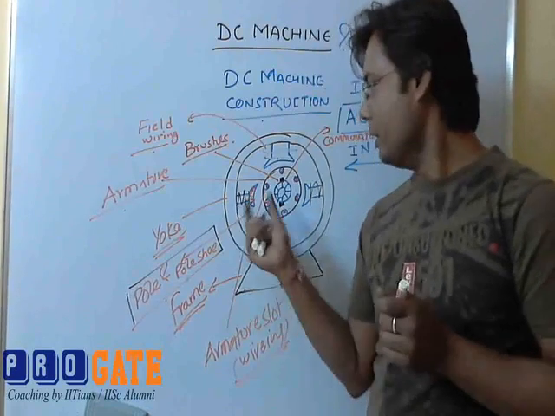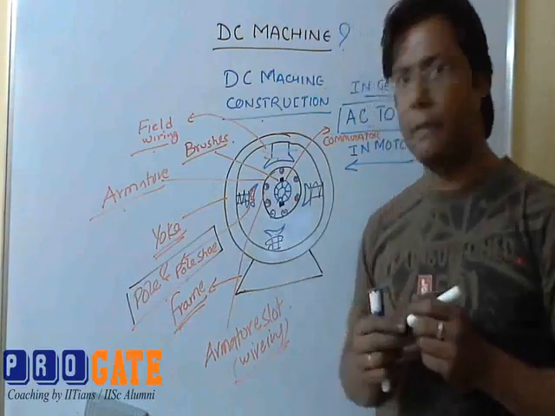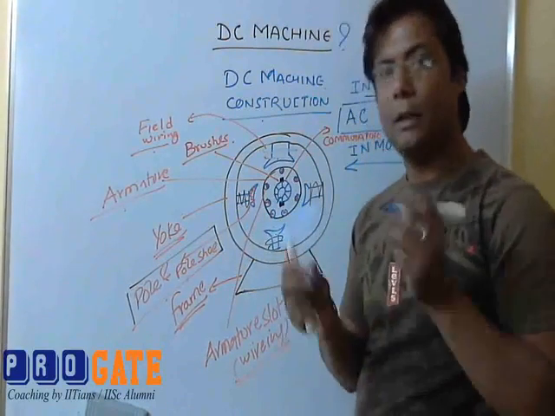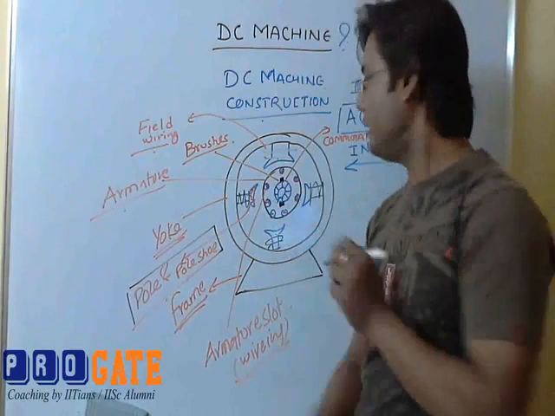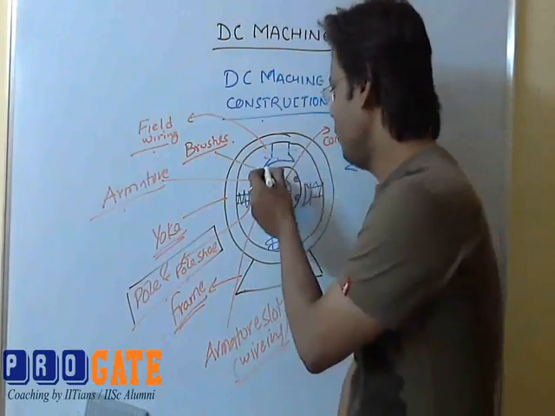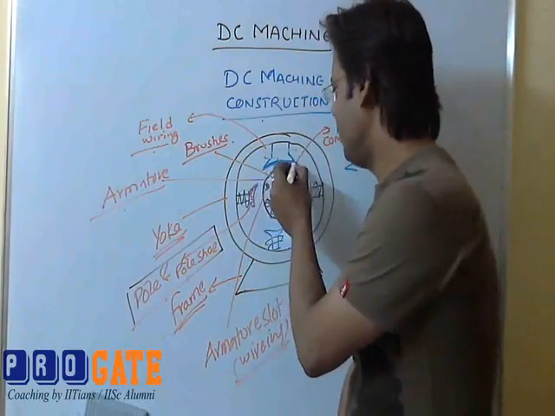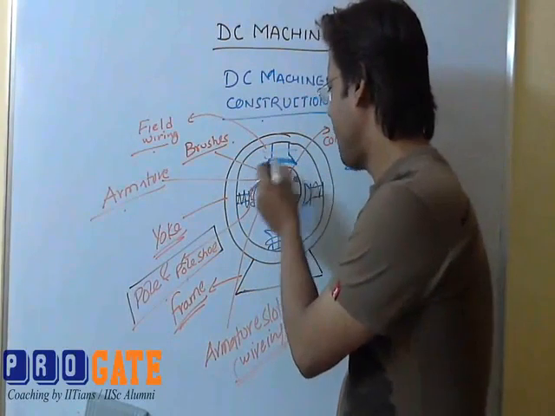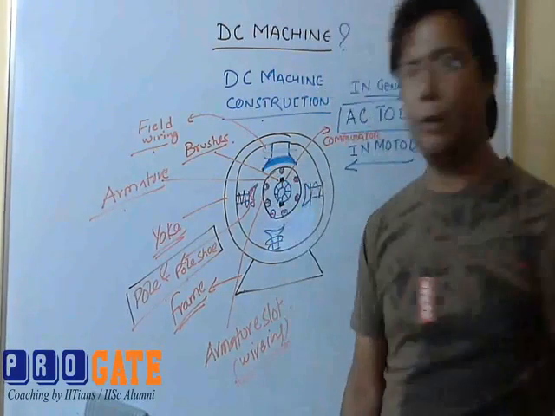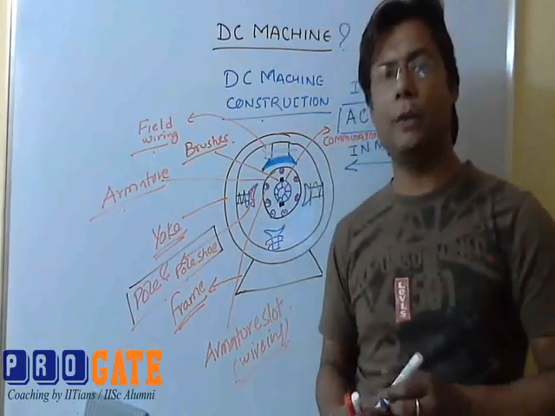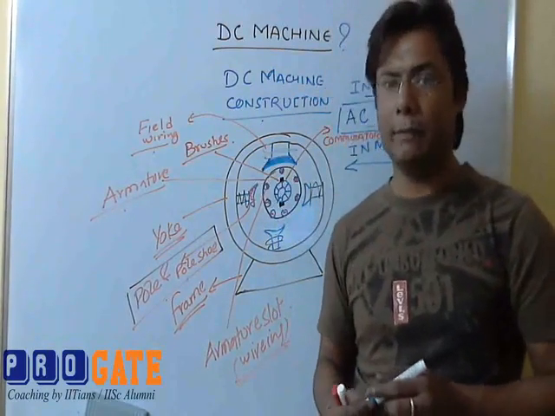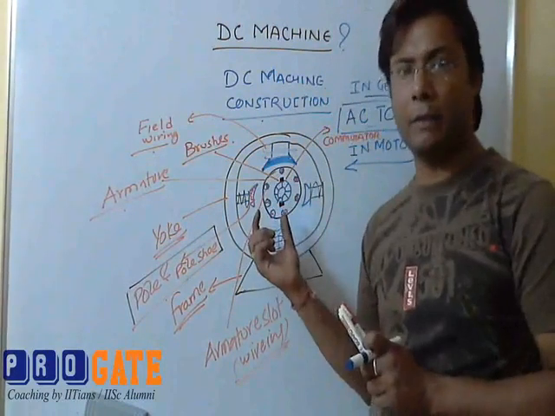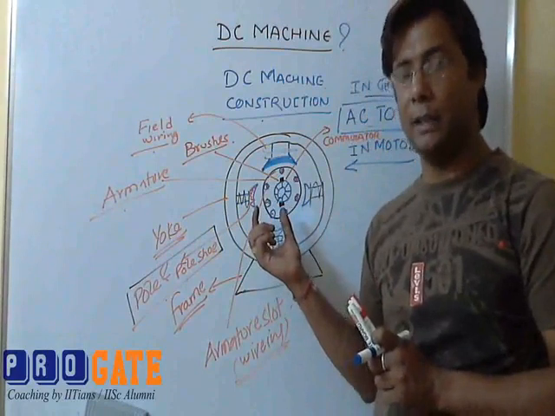These are called the pole shoe. They actually serve two purposes. First of all, since the shape of the pole shoe is like a horseshoe, that's why it is named shoe. This is the pole tips. The purpose of the pole shoe is to support the field winding, otherwise the field winding will collapse into the armature and there may be a short circuit when the machine is working at high speed or having a jerk.